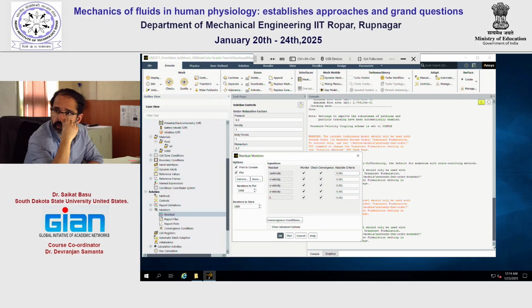It's a mix of 10 to the power of minus 4 and 10 to the power of minus 5. I don't remember which one. I don't think I printed this protocol, did I? No. So let me remember. So this is 10 to the power of minus 5, the continuity. If I'm not wrong, 10 to the power of minus 4 is continuity, and the x velocity, y velocity, those are.